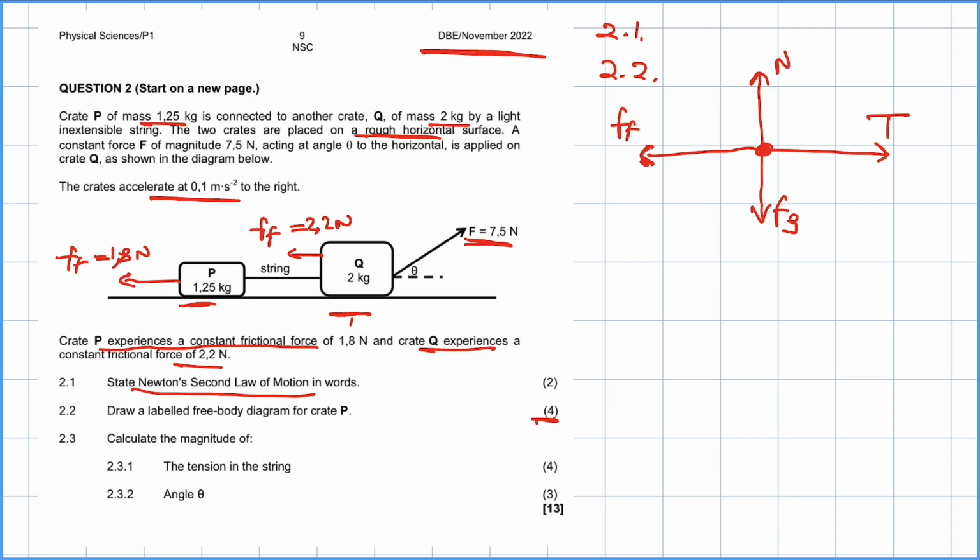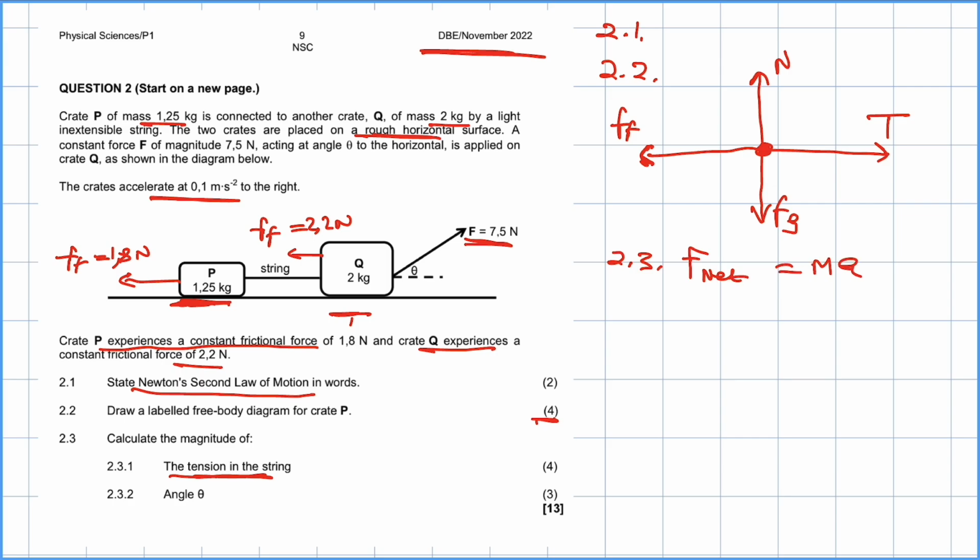Then the next question, calculate the magnitude of the tension in the string. So question number 2.3. We can use Newton's second law on crate P. So we'll say F net is equal to ma.